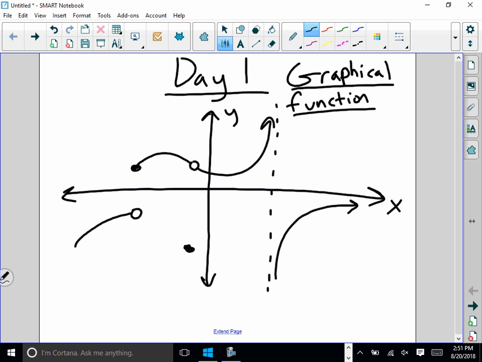Okay, I'll just number these 1, 2, 3, 4, and negative 1, 2, 3, 4, 5, 6. I'm not going to label all of the hash marks on here, but they're going by ones, as you can see.